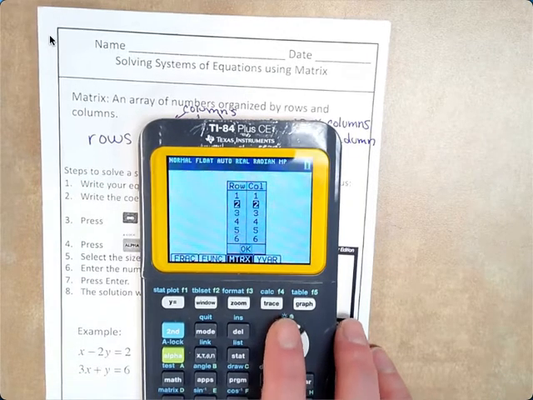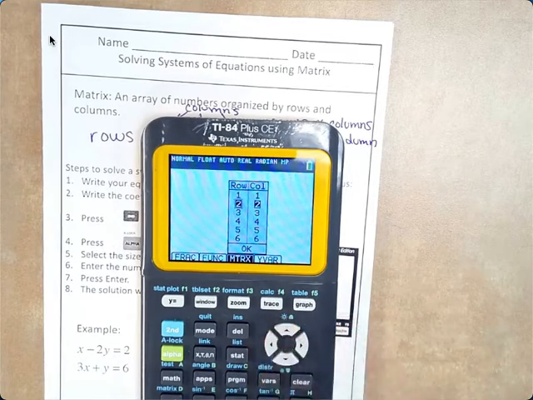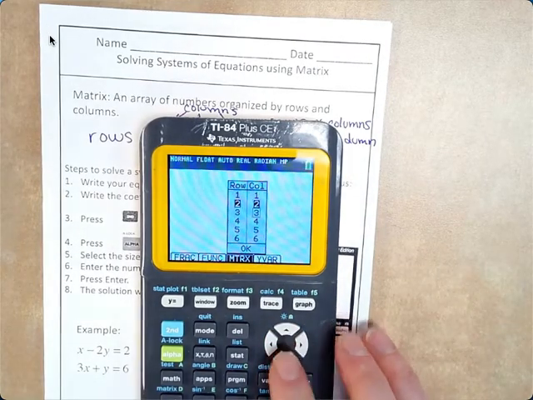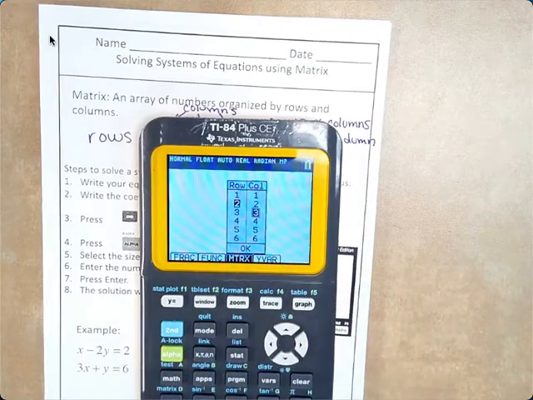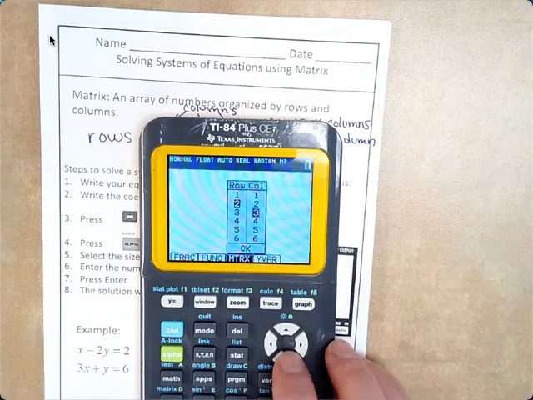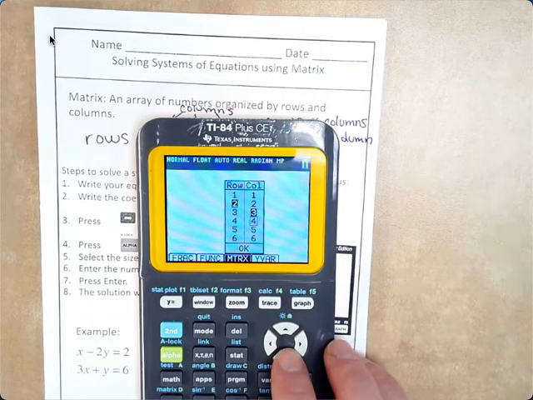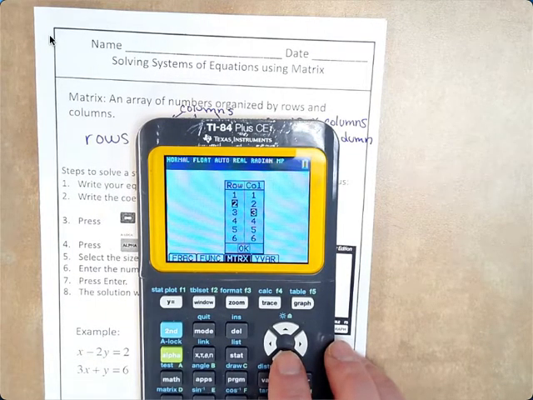So we want to change this to a 2 by 3. So right now it's a 2 by 2. So we would need to go over to the 3 and push enter. And then go down and select OK.